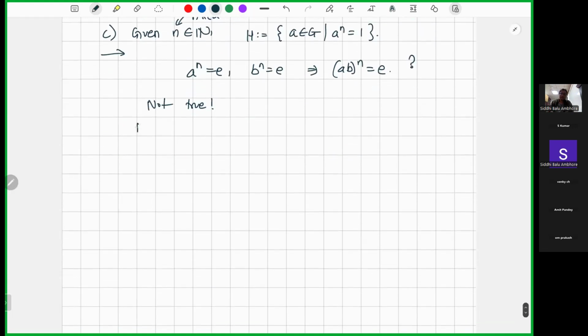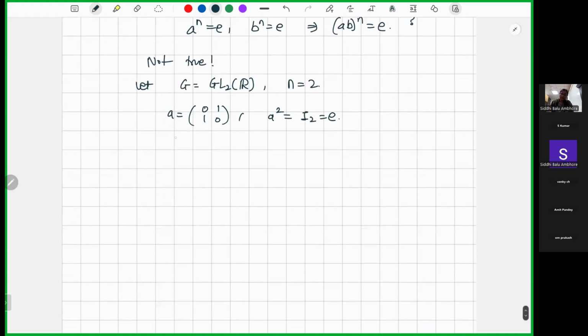So now again we will take this GL2R and fix n is equal to 2. And earlier this A which we had, A square was identity, and this B was also identity, if you remember.